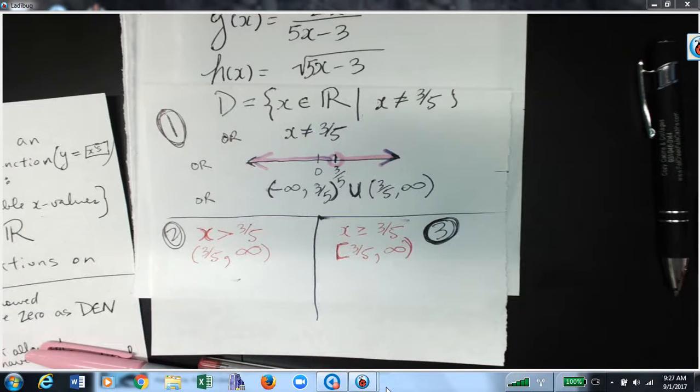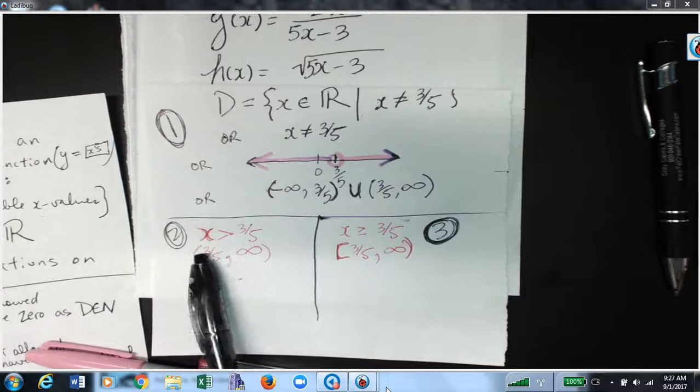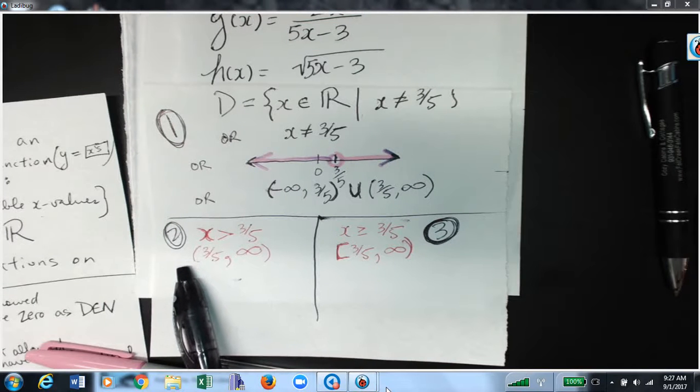Well, more often than not, students will go for selection 2, and that's not correct. No, not for h.